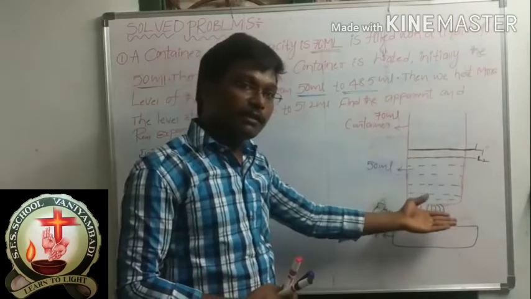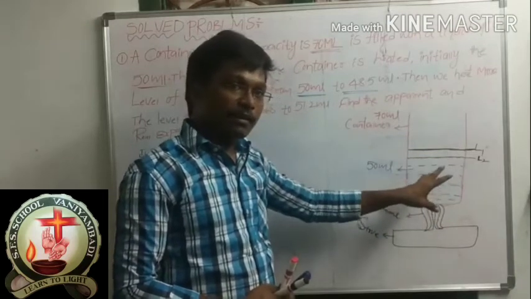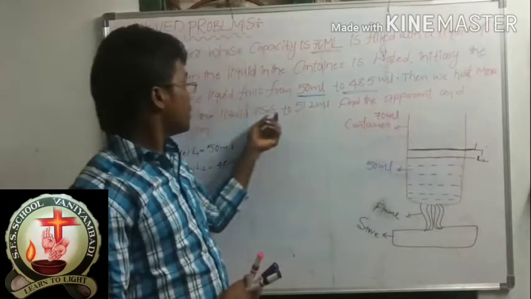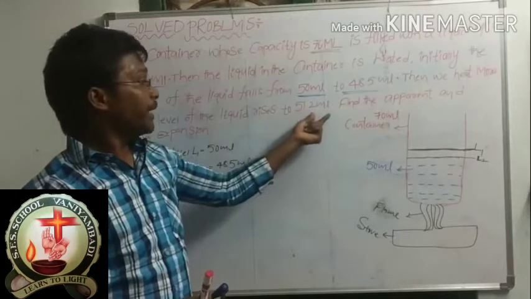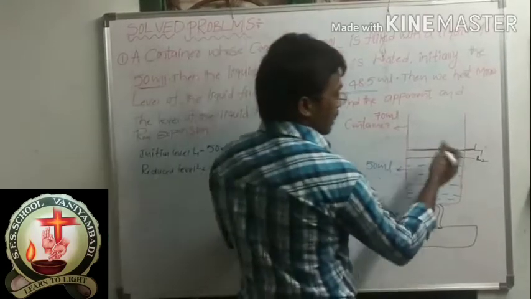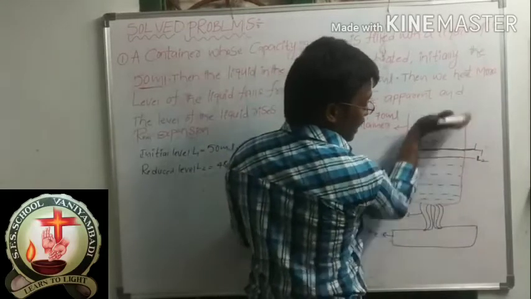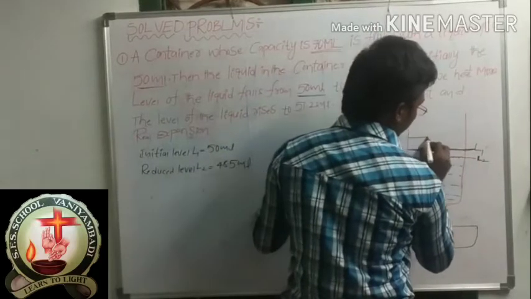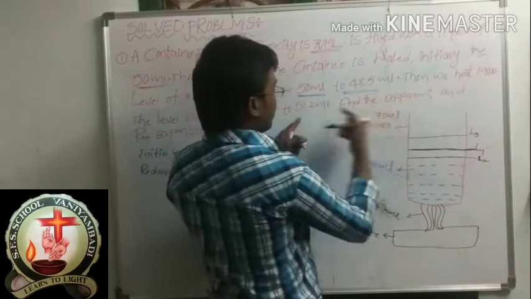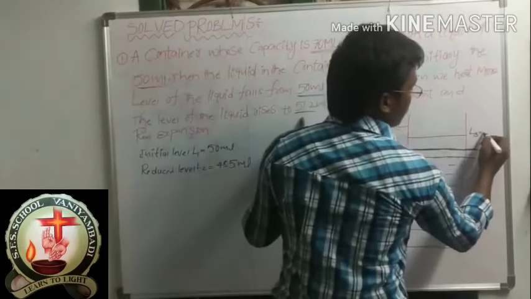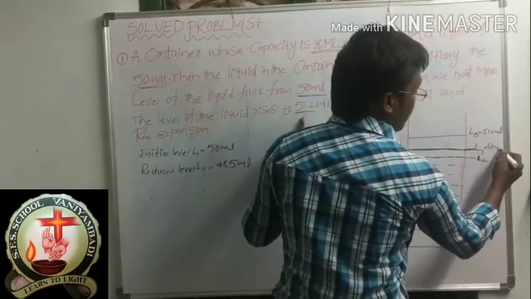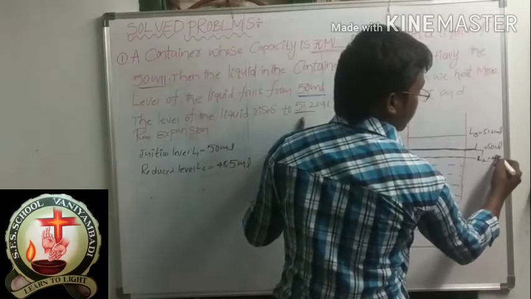Still we are heating this container, and the level of the liquid is increasing. How much is it rising? 50 to 51.2 ml. So here it is increased from here to here. This is L3. How much is this L3 value? 51.2 ml. L1 value is 50 ml, L2 value is 48.5 ml.